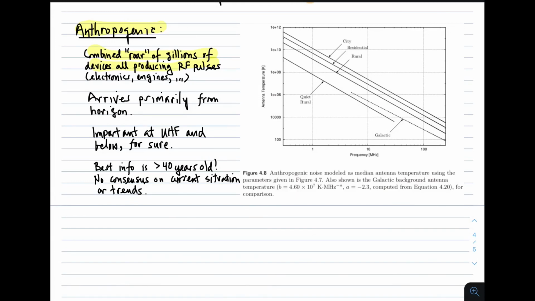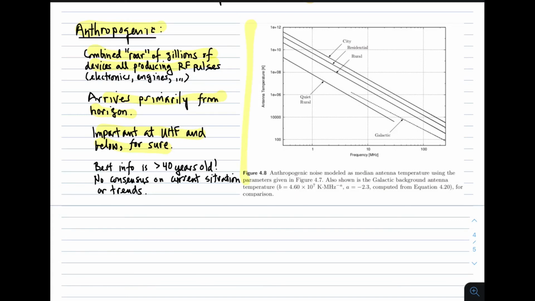So anthropogenic noise, of course, arrives primarily from the horizon because that's where the people and their devices are. This is important at UHF and below for sure. As you get to higher frequencies, you see it roll off with a roughly frequency squared dependence. So as frequency goes up, this noise temperature contribution from all this human activity tends to go down.